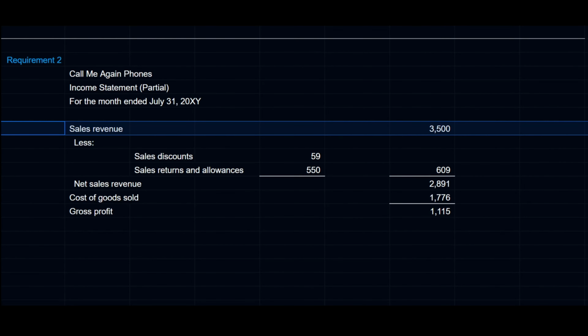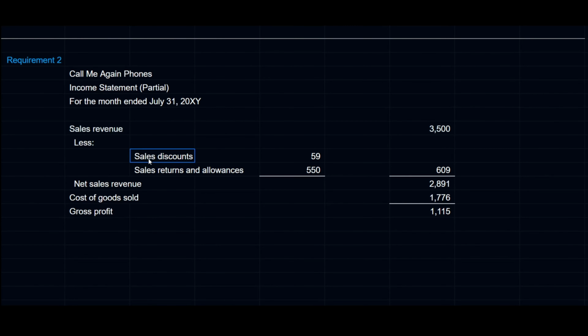We start off with sales revenue of $3,500, and from that we subtract sales discounts of $59 and sales returns and allowances of $550. You can see that these two accounts, even though they sit with and close to sales revenue, they are in direct contradiction. So these are contra revenue accounts.